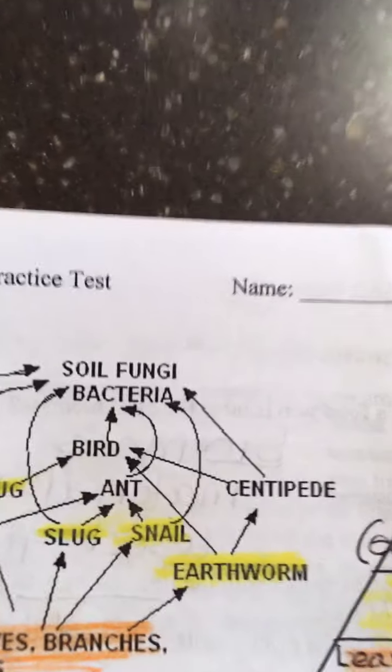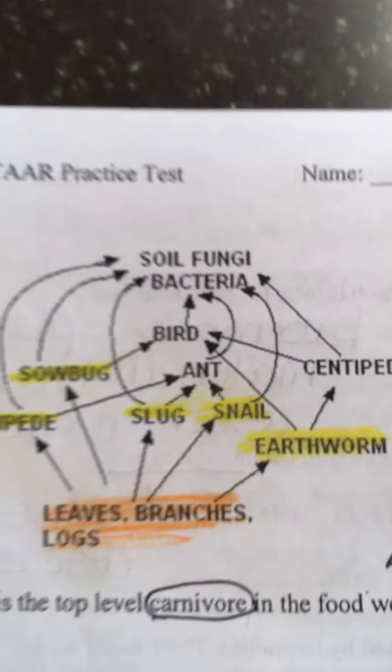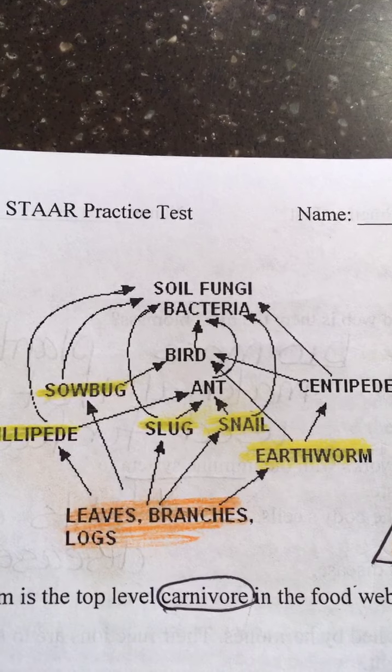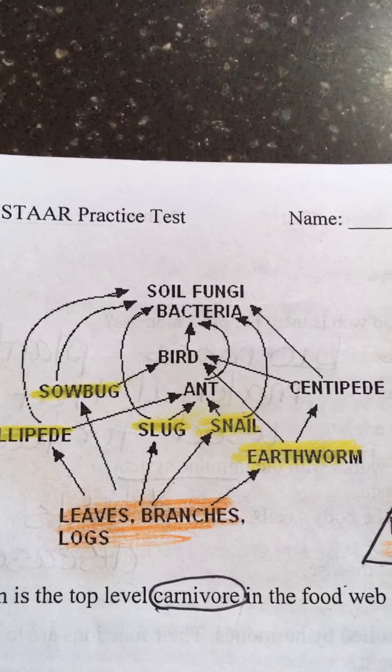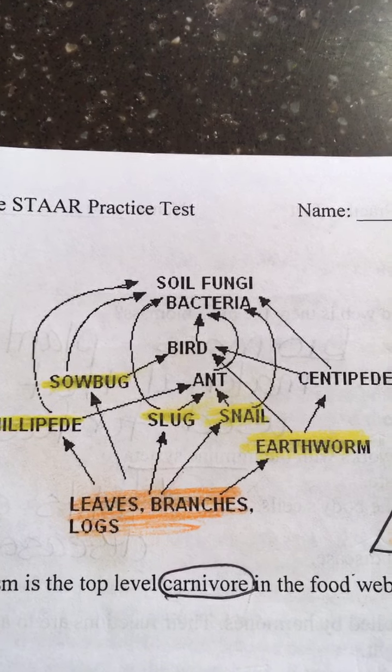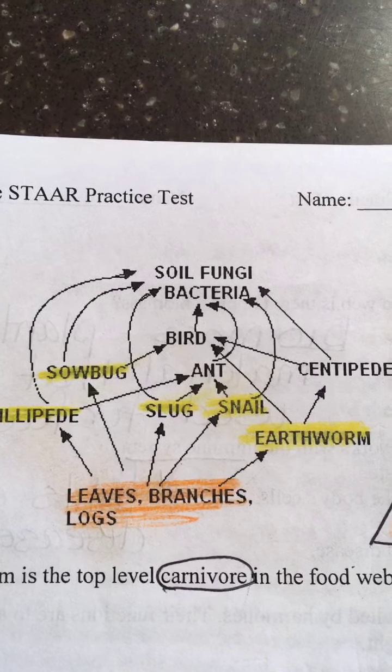We didn't talk about either, but if you look at the soil, fungus, and bacteria, you will notice almost every single one of these things in your pyramid has an arrow pointing to soil and bacteria. Well, the reason for that is everything eventually dies.